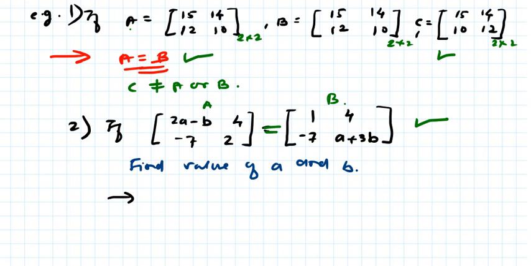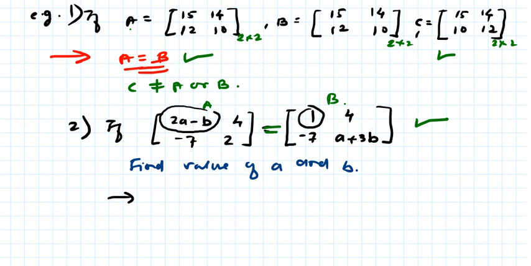Now as we have been given that matrices A and B are equal and asked to find the values for a and b, we know the definition of equal matrices: matrices are equal if the order is same and also the corresponding elements are equal. Now they have given that they are equal, which means this value is equal to this value.